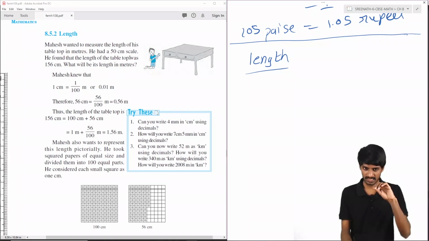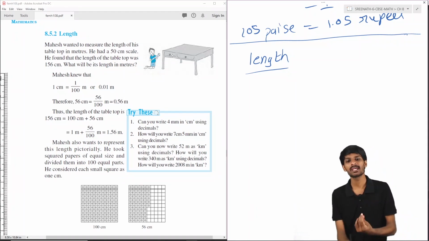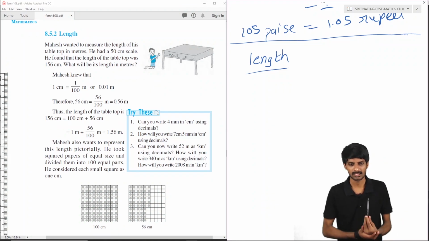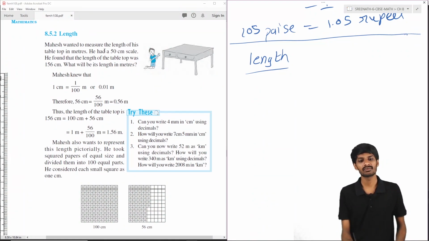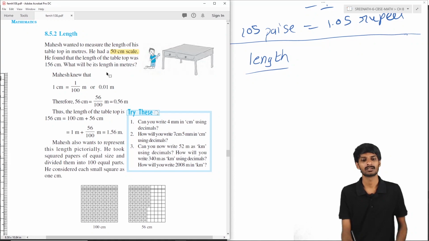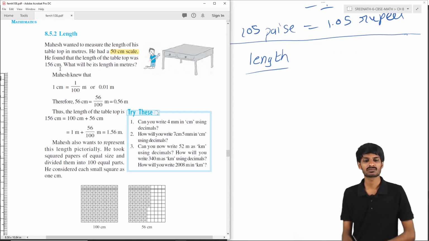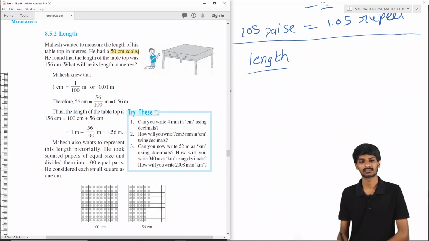So he had a 50 centimeter scale. He started measuring the table length, students. He found that the length of the table was 156 centimeters. What will be its length in meters?